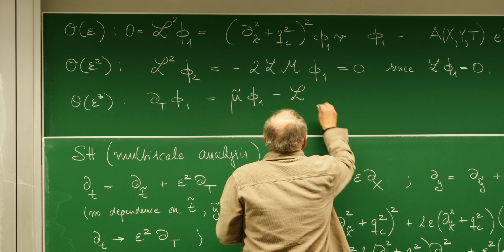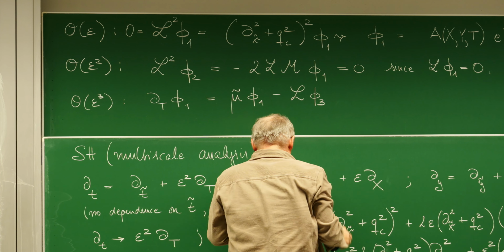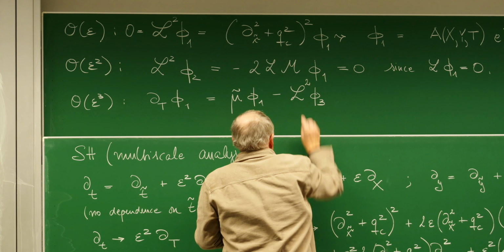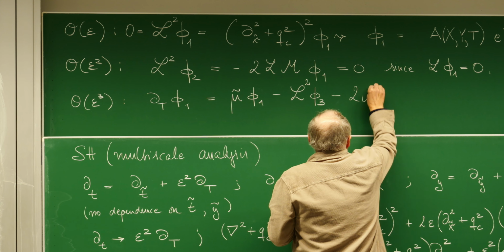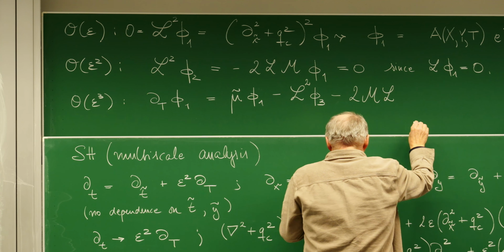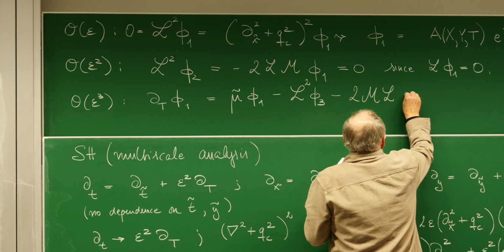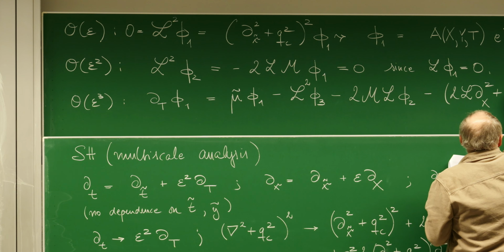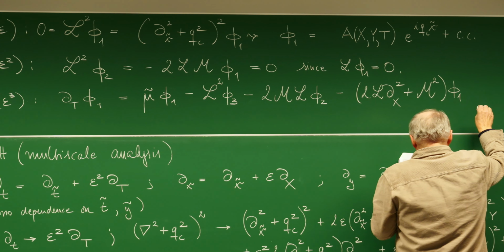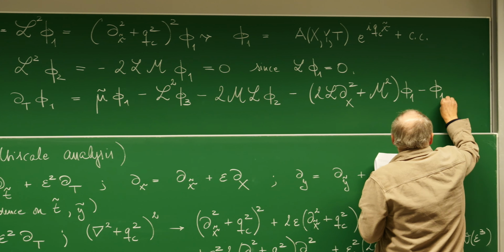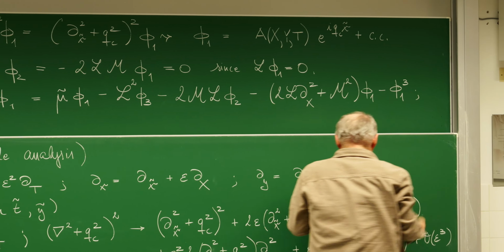This is L squared phi 3 minus 2 m L phi 2 minus 2L dx squared plus m squared phi 1 minus phi 1 to the third.